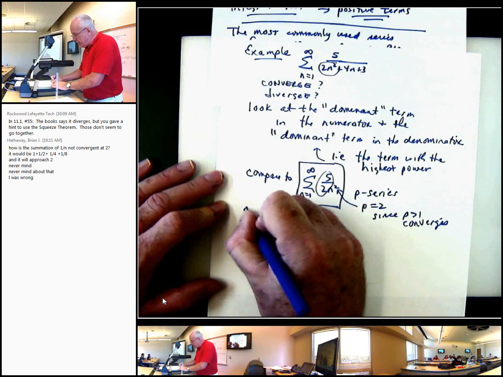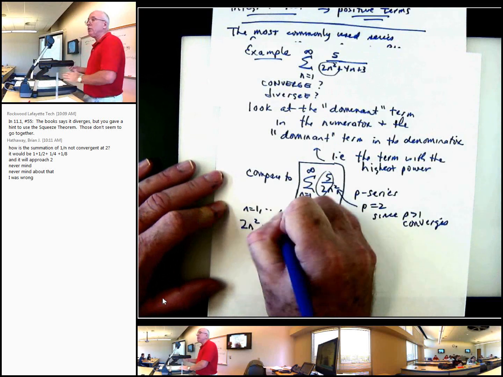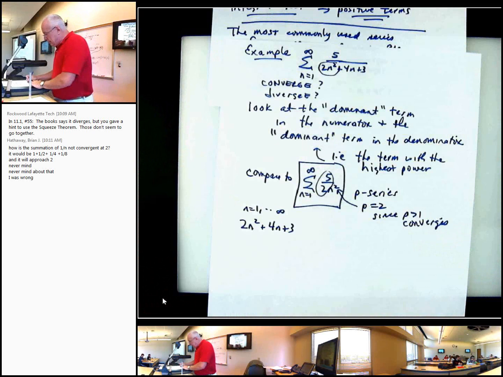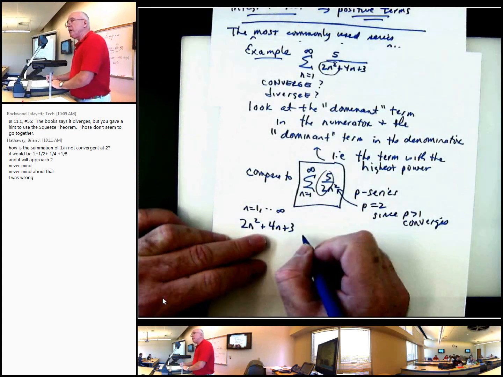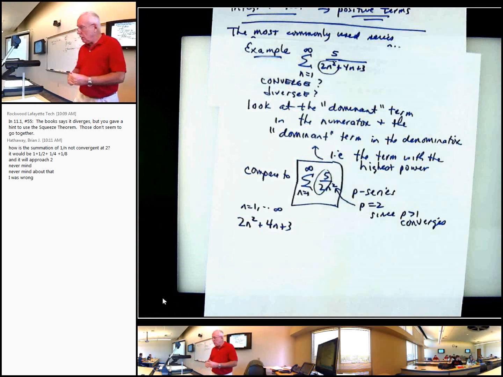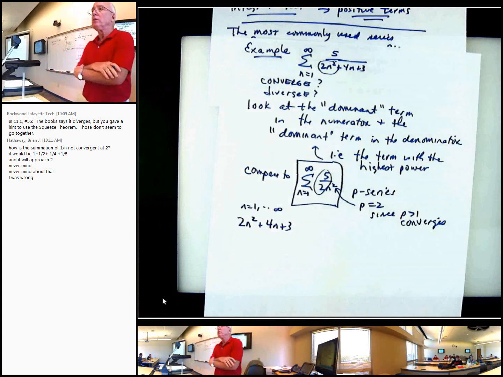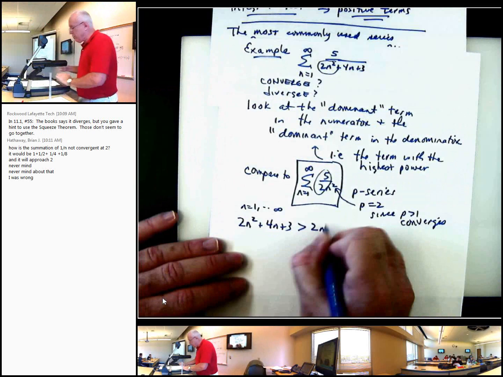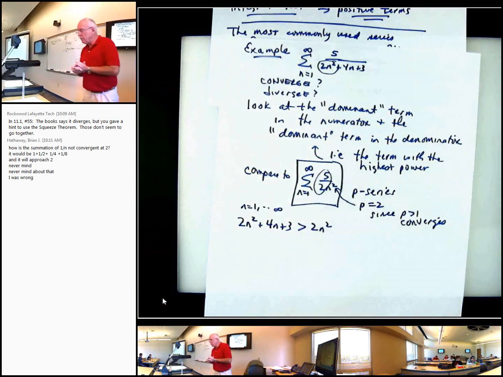Now remember, n is going from 1 to infinity, so n is a positive number. Is this bigger than or less than the denominator of our known convergent series? Bigger. It's bigger than the 2n squared of our known convergent series.